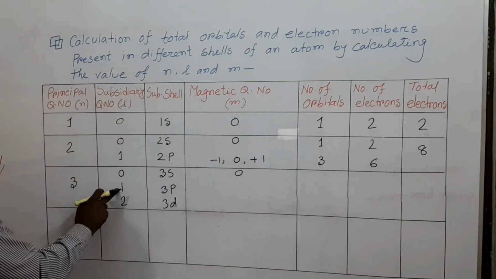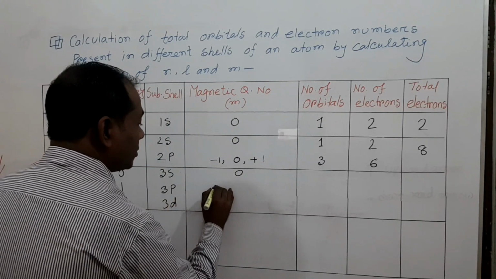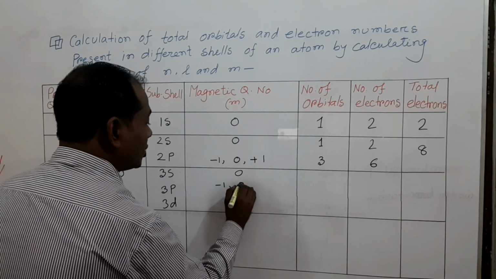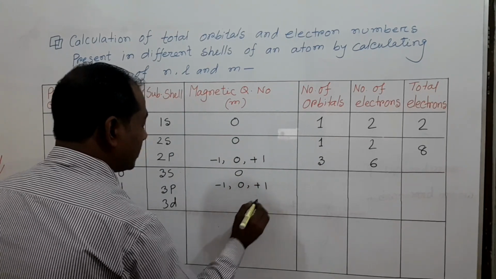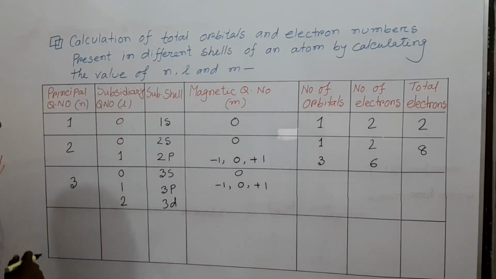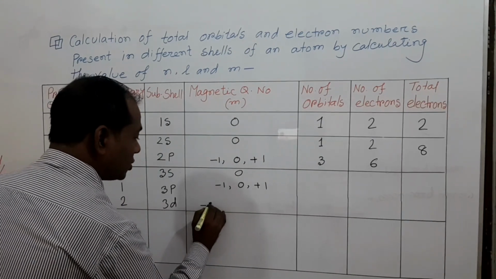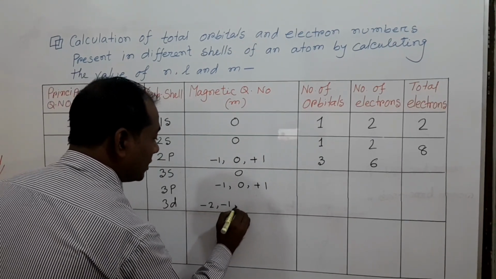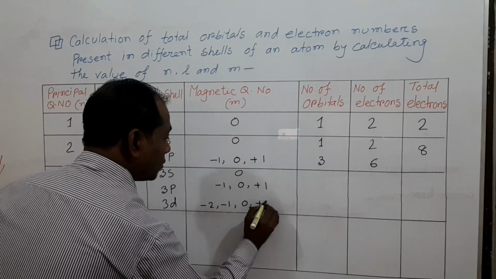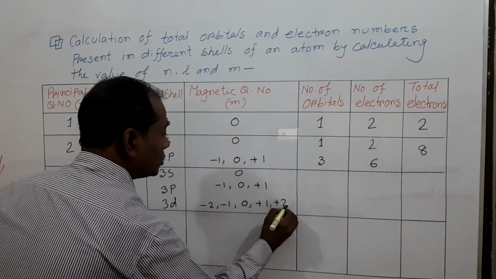When L equal to 1, m equal to -1, 0, plus 1, and when L equal to 2, then -2, -1, 0, plus 1, plus 2.